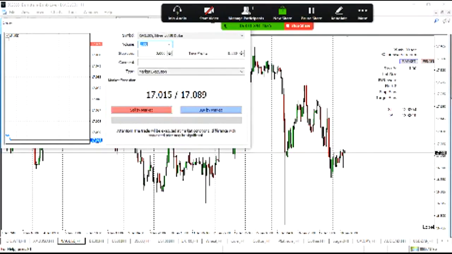Then in reference to the double bottom pattern, okay, for those familiar with this pattern, basically the rules for a double bottom is if you measure the distance between the neckline and the actual bottoms, right? You can use the crosshair tool for that. You'll see that there's about 200 to 215 pip gap or distance between the neckline and the bottoms, which therefore would be a potential target, meaning that if dollar CAD can break through the neckline, it can possibly then run for 200 or 215 pips higher, okay?